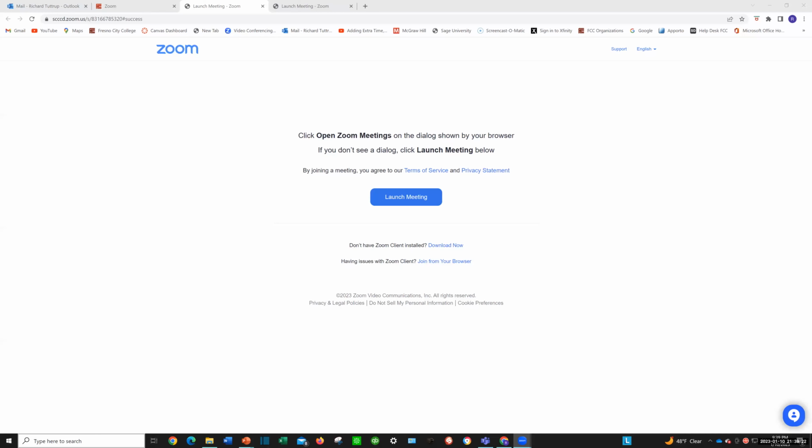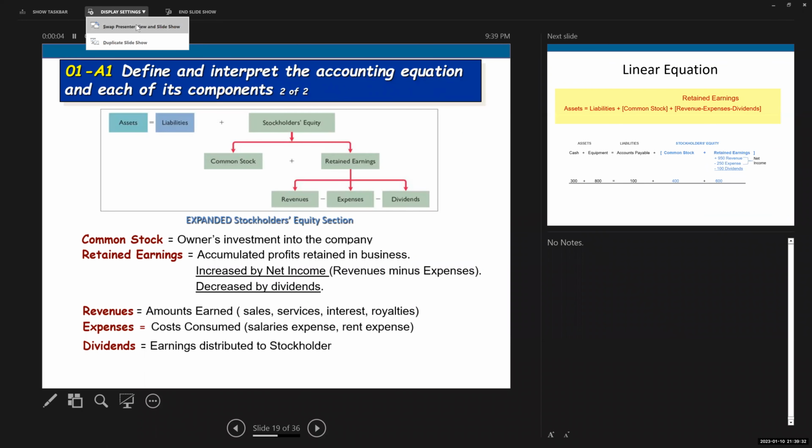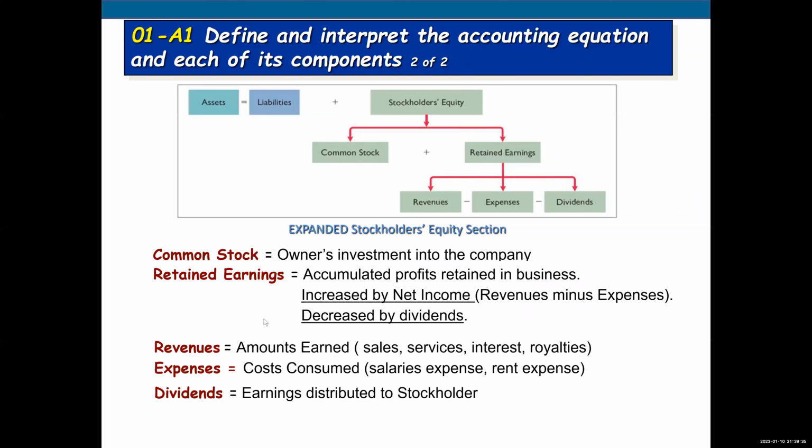In this video, I'm going to expand the accounting equation. We know that the accounting equation is assets equals liabilities plus stockholders' equity.